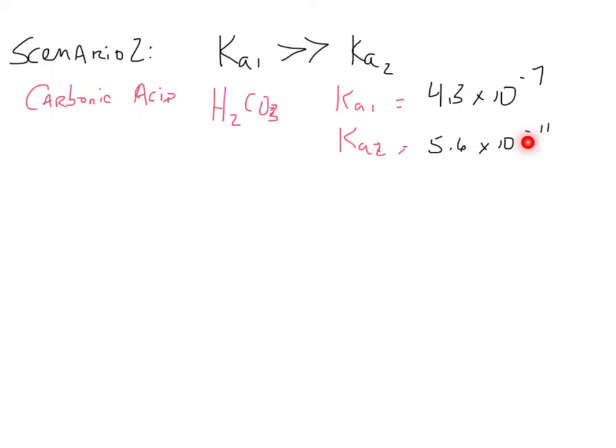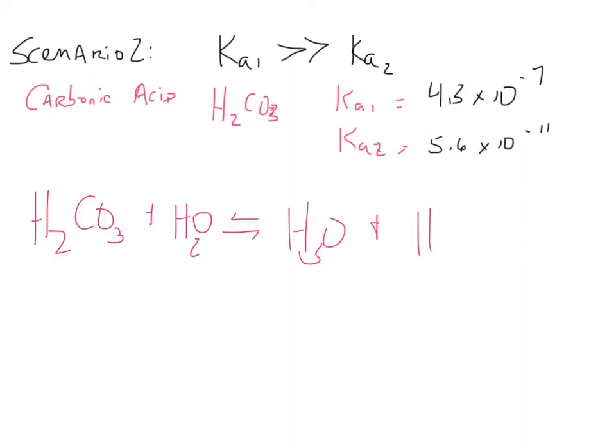Essentially what we're going to do is I'm just going to draw this out while we're on here. I've got my H2CO3 plus water, and this is my first dissociation. What I want to show you is that this occurs based on the -7, and I'll get some equilibrium value here.